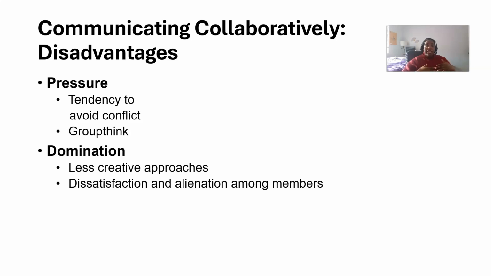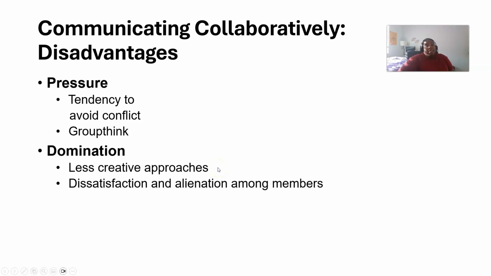But you want to make sure that the group allows members to openly communicate and agree and disagree. So foster that collaboration within your group and make sure to have open dialogue to avoid groupthink. But we'll be talking about that later in the semester.